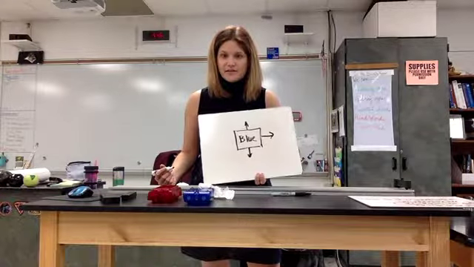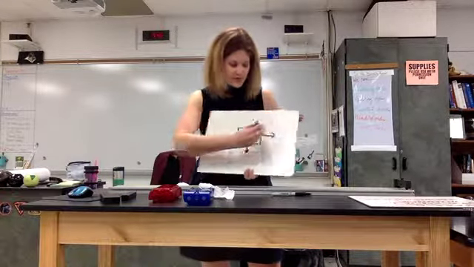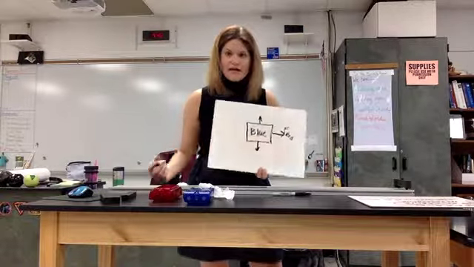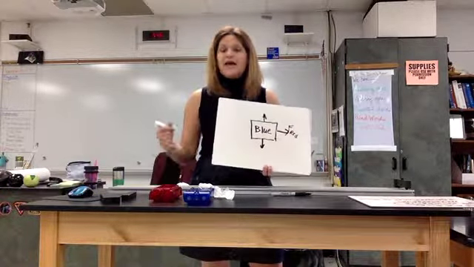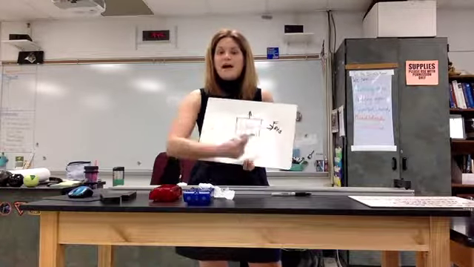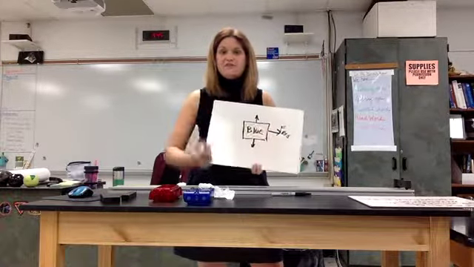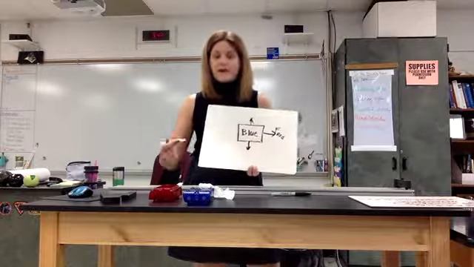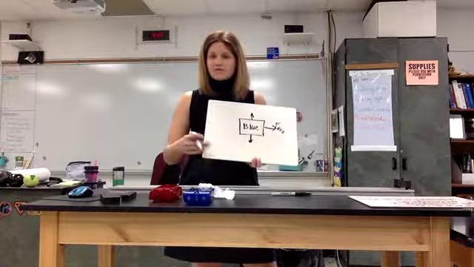So I draw it like this. This force right here would be the force of my red car acting on my blue car. And that comes from the momentum. But that force is acting on a different object. It's not acting on the red car, which is why we don't draw it on the red car free body diagram.